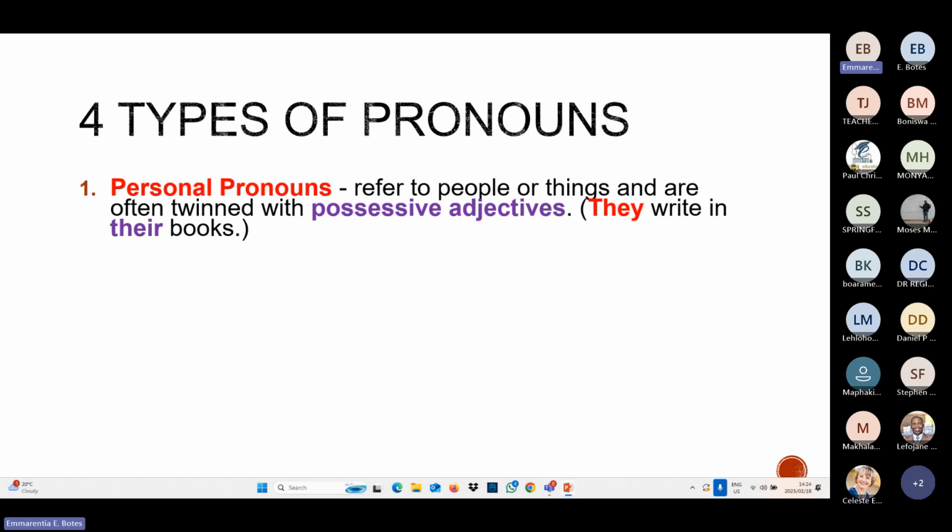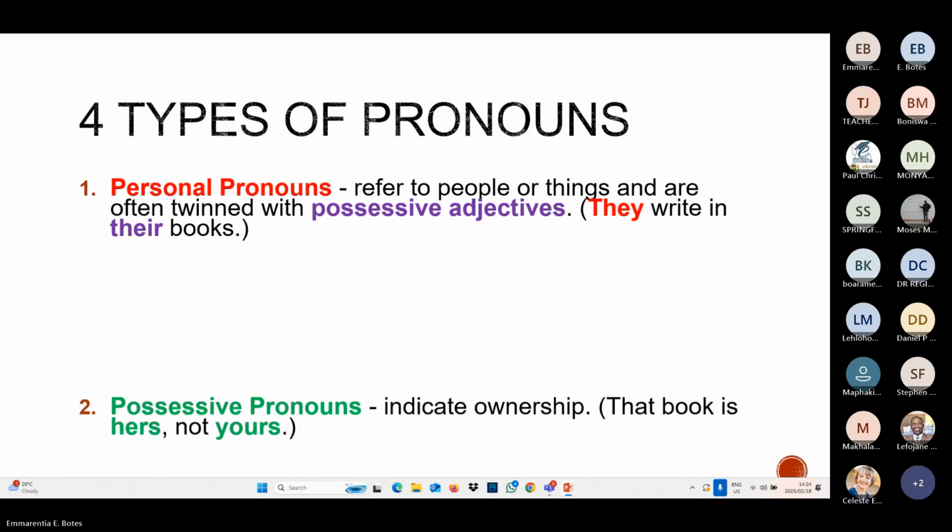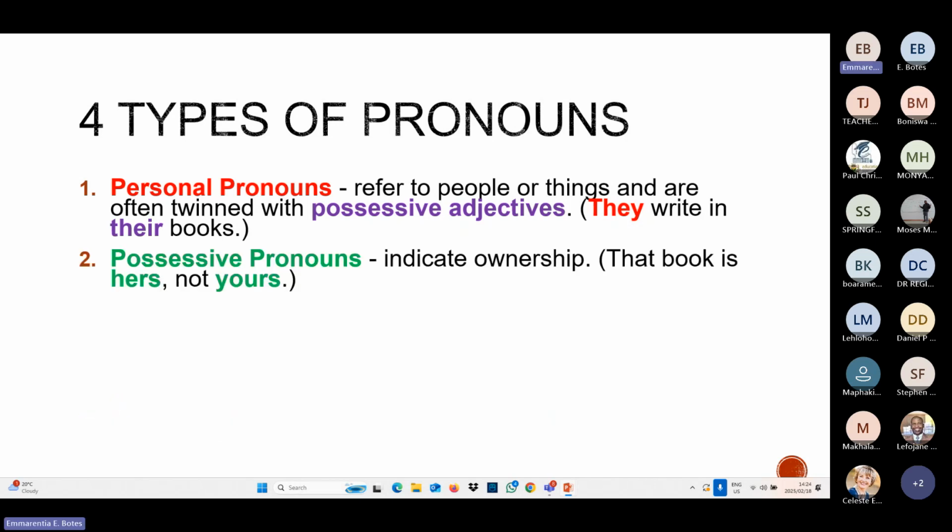They, personal pronoun, their, possessive adjective. Our second one, possessive pronouns. That indicates ownership. That book is hers, not yours. So the possessive pronoun hers, and then yours, also in this sentence, functions as a possessive pronoun.